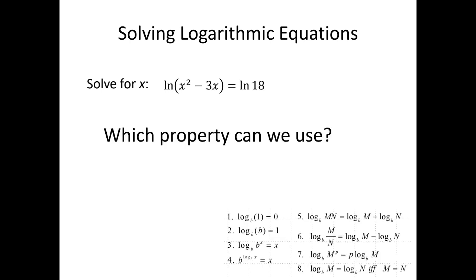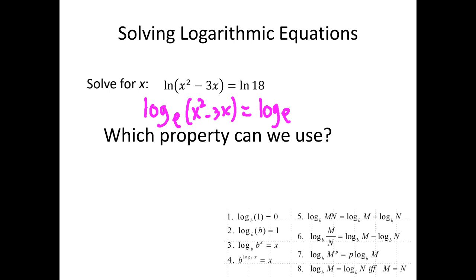So here's another one. Natural log of x squared minus 3x is equal to natural log of 18. Remember that the natural log is also the same as log base e of x squared minus 3x equals log base e of 18.